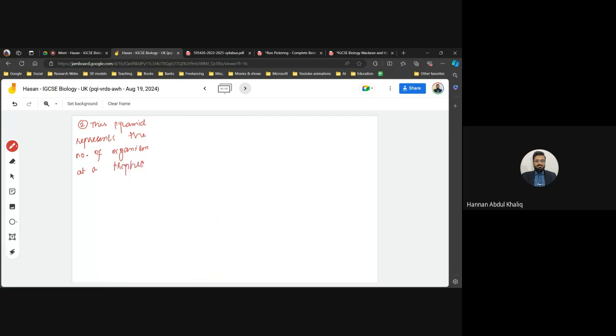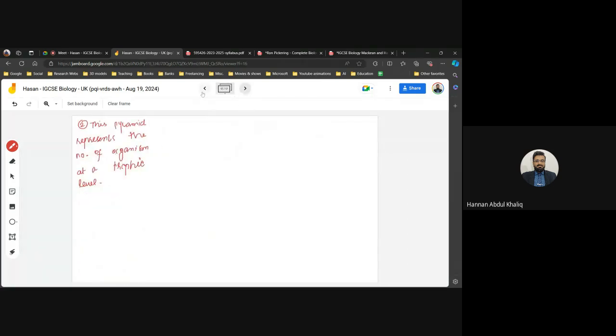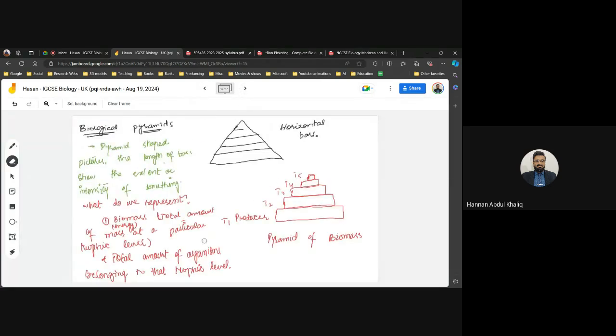Now, this would confuse you a bit. What is the difference between the pyramid of biomass and this pyramid? See, I would just remove this definition.